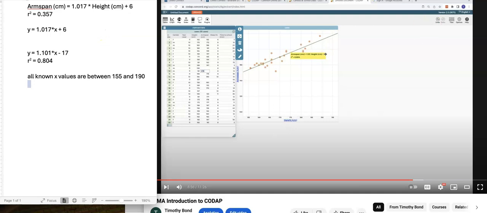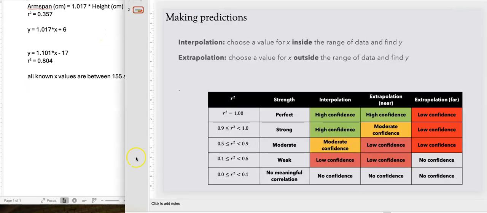Now, I told you to open up the PowerPoint. What I'm looking at here is particularly the second slide. This second slide gives me a really useful table in order to interpret our values for r squared and to interpret our predictions.